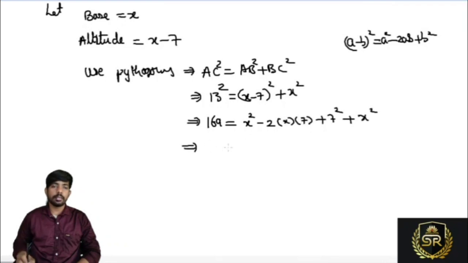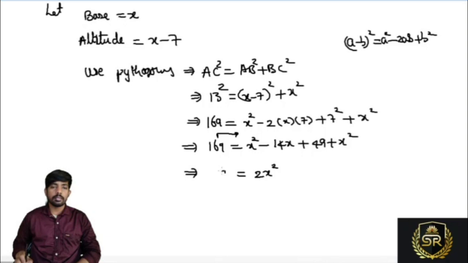So 169 equals x square minus 2 sevens are 14 times x, plus 7 sevens are 49, plus x square. So x square plus x square is 2x square, right? Bring the 169 to the right-hand side, then it becomes 0 on the left, and 2x square minus 14x plus 49.